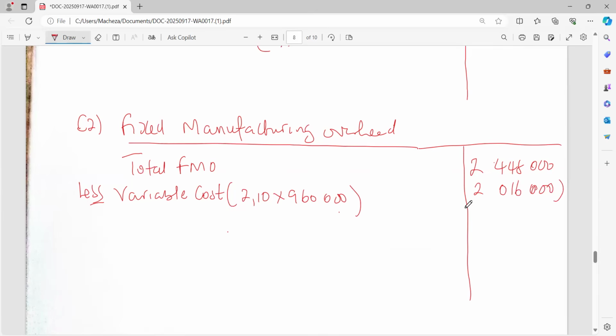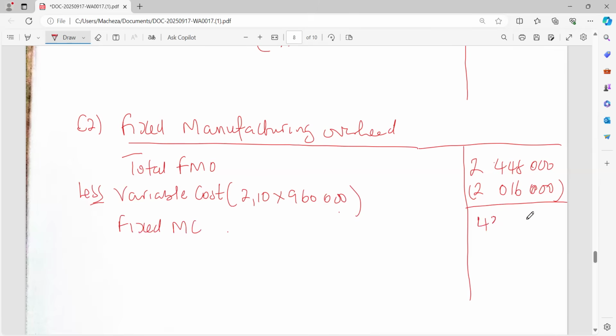Then what do we have? We are going to have the fixed manufacturing cost. Is that the one that we want? Yes, fixed. So our fixed manufacturing cost is going to be 432,000.